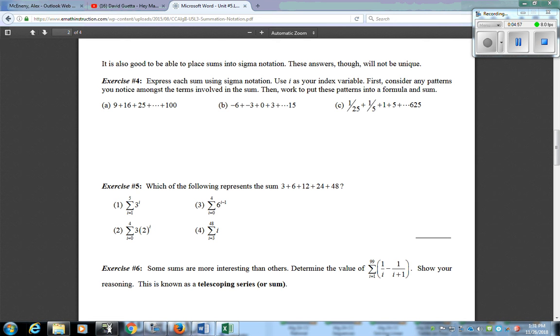So if you look at the first one, 9, 16, 25, up to 100, well, these are all examples of squares. So if I say I is going to equal 3, and I go up to the number 10, this would just be I squared. And I'd be adding those values together.